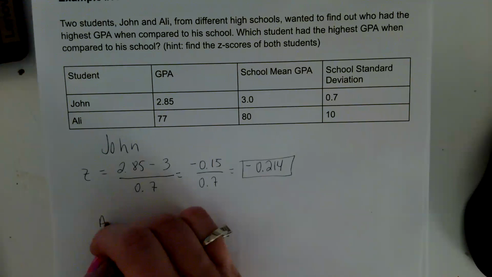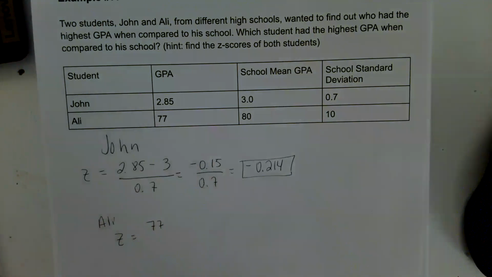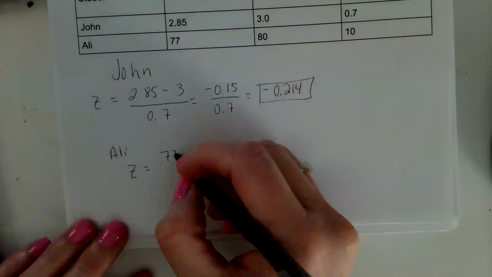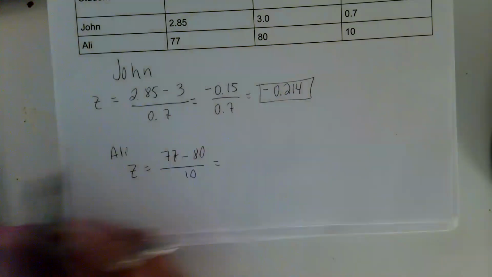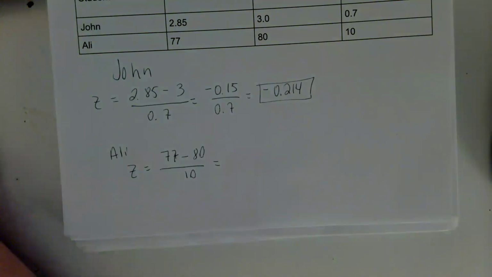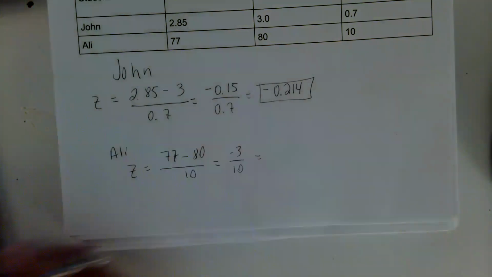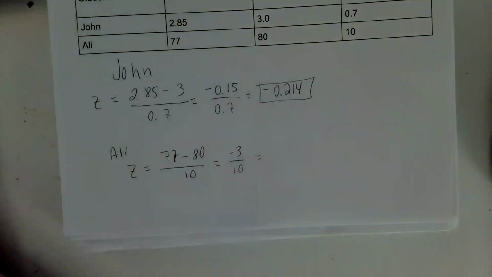Then we're going to look at Ali. Ali has 77. Subtracting 80 divided by 10. He is actually scoring lower than his school average as well.